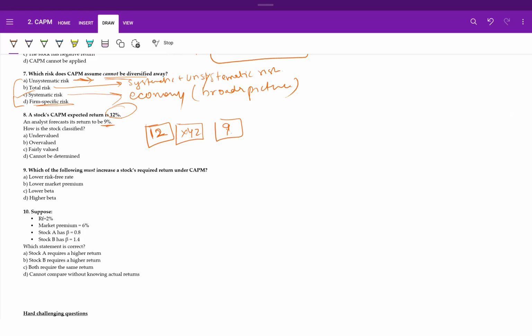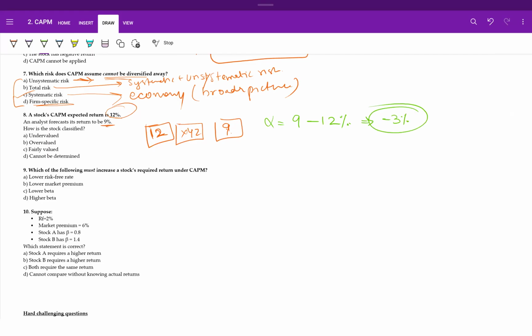So this means that the stock is actually overpriced. Understand this from the alpha perspective. We are saying the return is 9%, and the capital asset pricing model return is 12%. So this means the stock is overpriced by 3%.